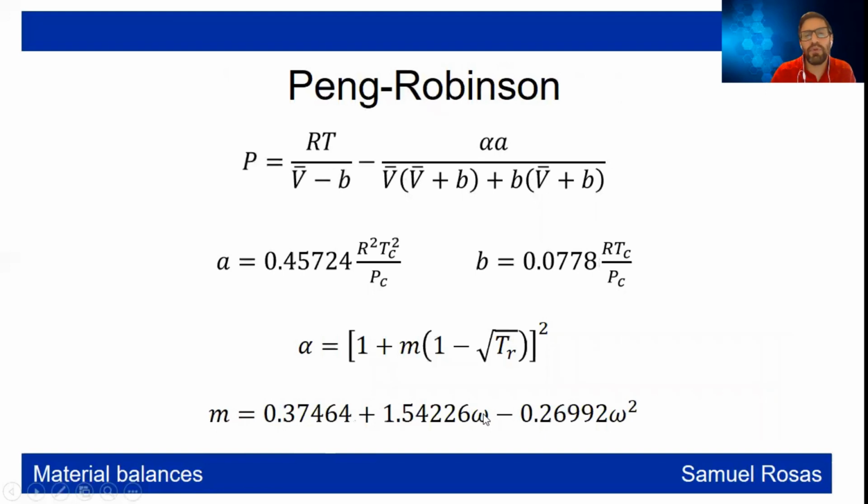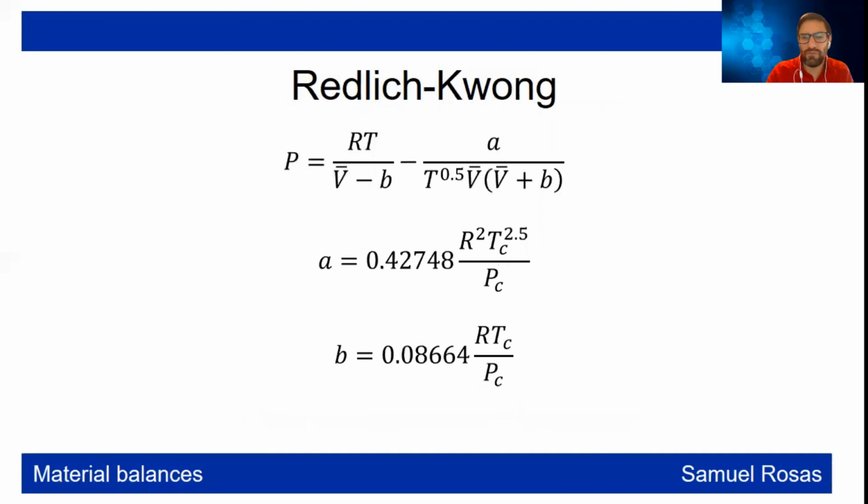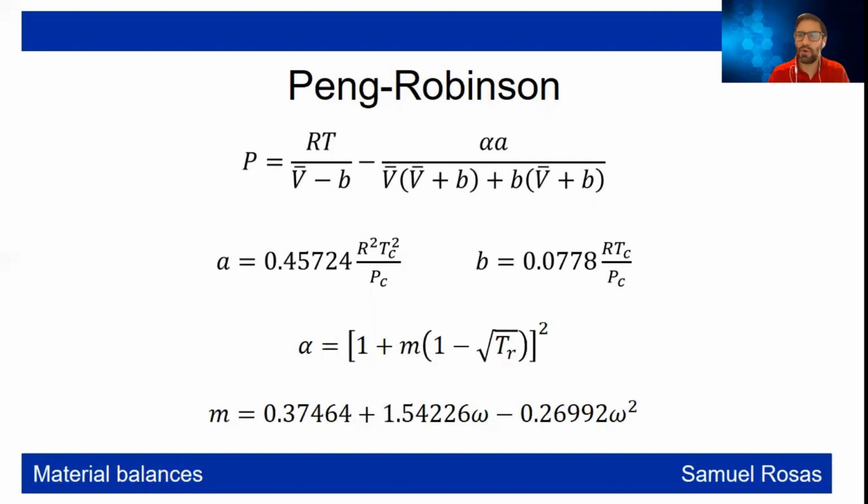And another very popular one is Peng-Robinson. Peng-Robinson is kind of larger, and A and B are also different, depending on critical temperature and critical pressure, and it also introduces the eccentric factor in this term, m, which is in alpha. Now, these equations probably seem very straightforward when you solve them for pressure, but if you solve them for volume, then they start to become complicated.